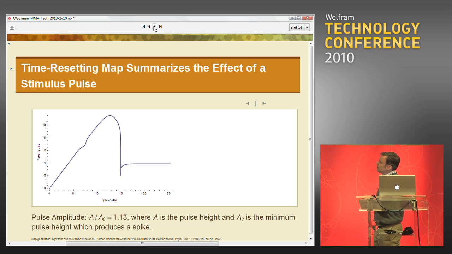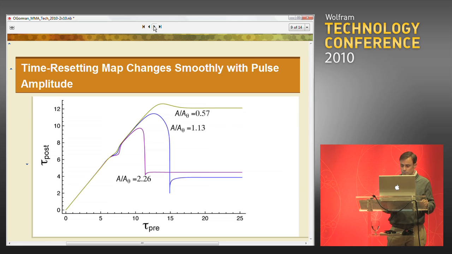This region here is that intermediate region where you get a little resetting. You're not set way back to 4, but you're still retarded slightly from, say, 14 to 13 or something like that. And the form of this map changes smoothly with the pulse amplitude.